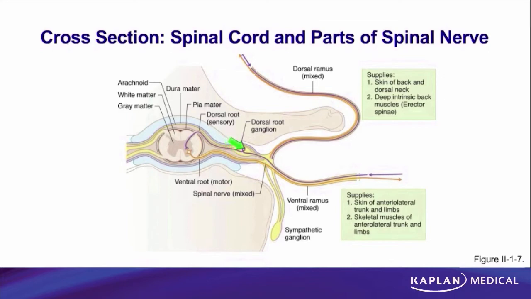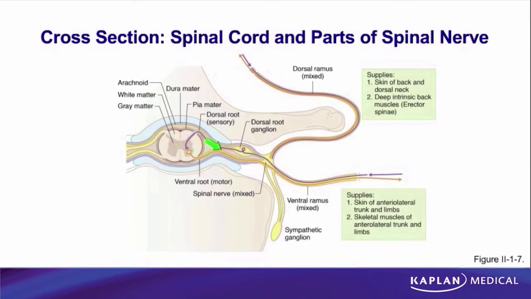On the other hand, if the cell body of a neuron is in the central nervous system, anywhere in the central nervous system, brain or spinal cord, then that neuron came from neural ectoderm. Because neural ectoderm is what gives us the central nervous system. Okay, so the location of the cell body of a neuron is what will tell us whether it's a neural crest-derived neuron or a neural ectoderm-derived neuron. And as you'll see when you do neuroscience, there are some good reasons why you want to know that.